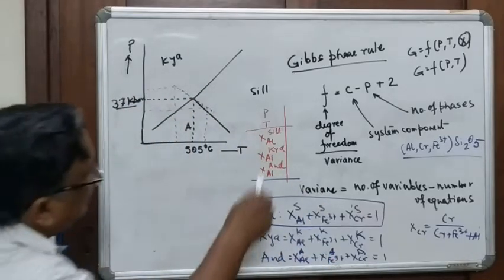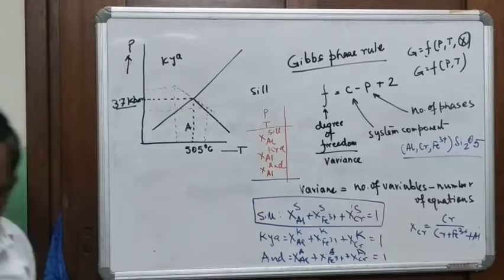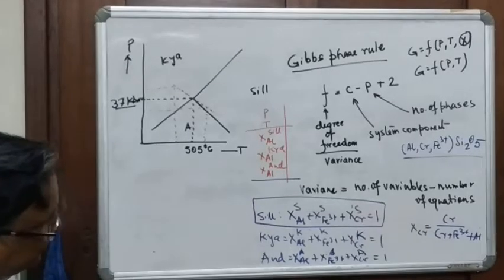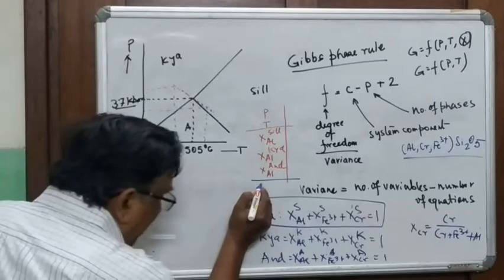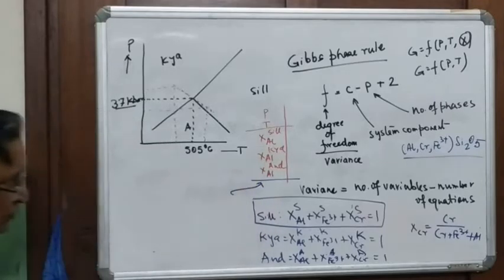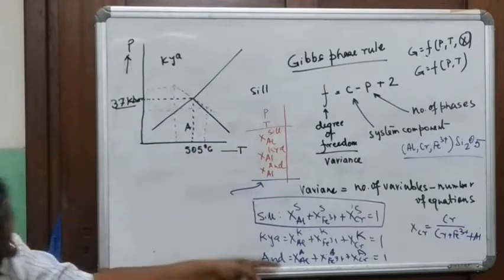So now, we'll look here. What should we add here? How many variables should we add here now? Aluminium is all there.